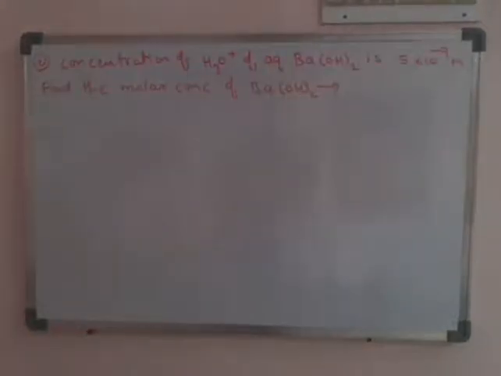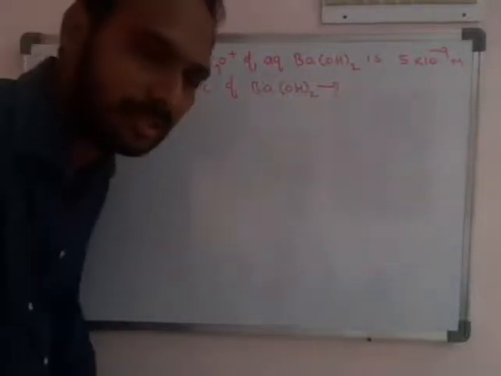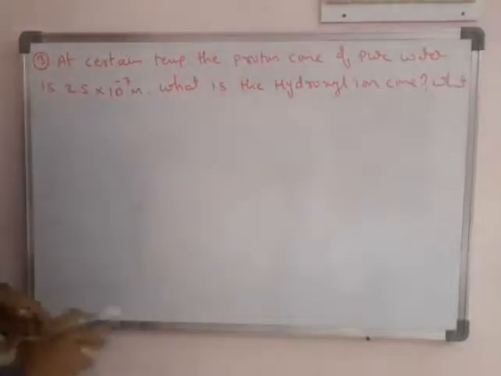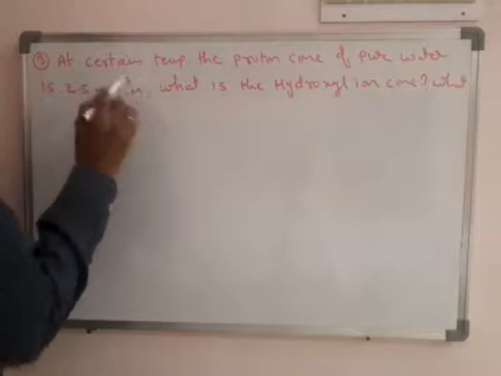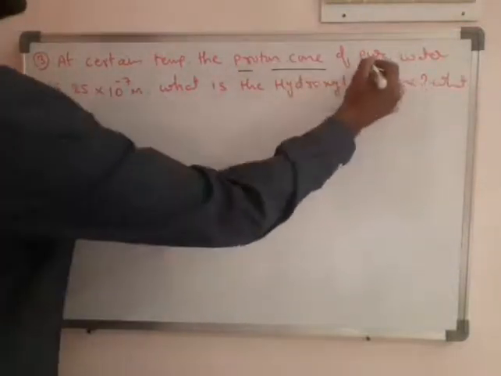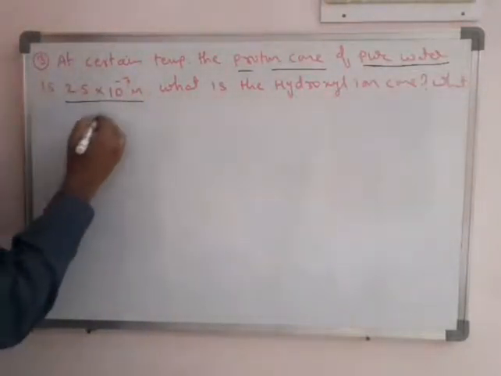Okay, see the next, it is an important problem. The third problem is given: at a certain temperature, the proton concentration of pure water is 2.5 into 10 to the power minus 7.